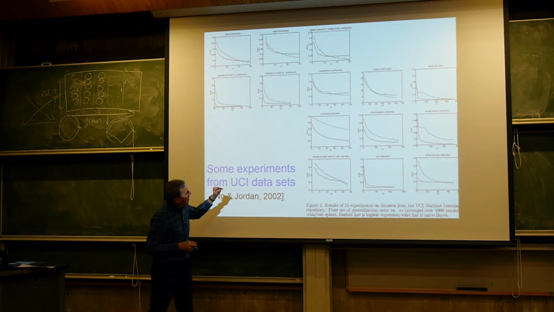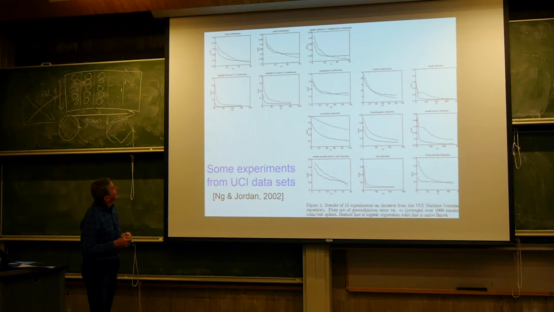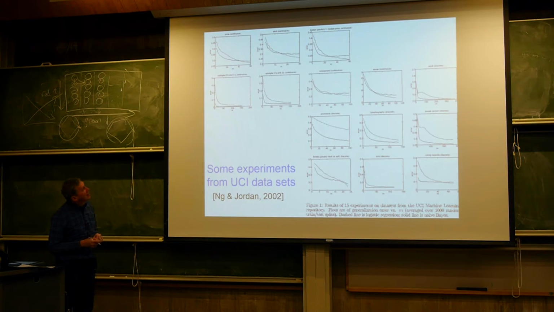And the dotted line curve is showing the error. So I guess each of these is the error as a function of number of training examples.